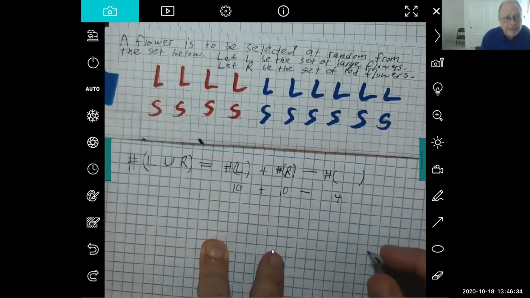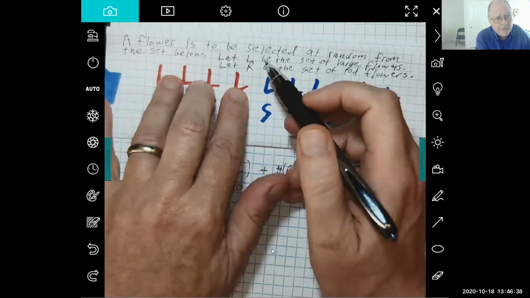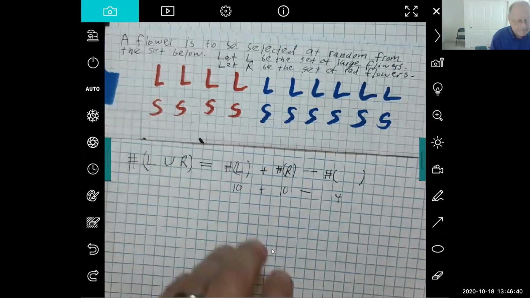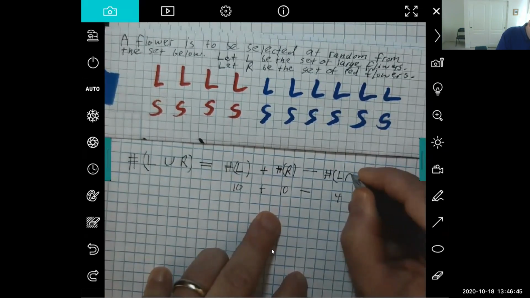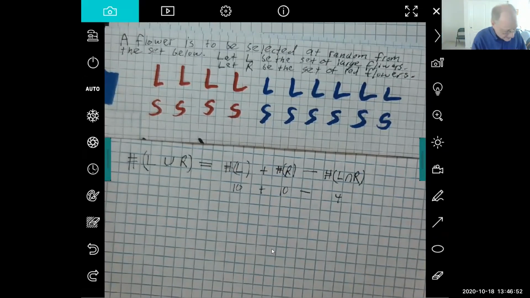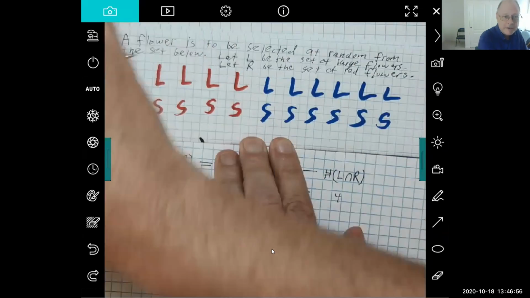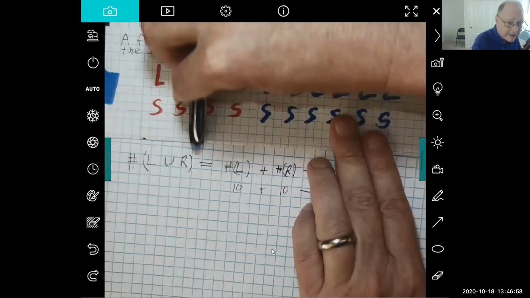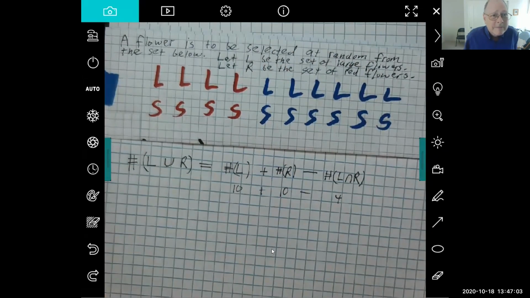So what's the symbol for that event? The event consisting of these 4 outcomes. That's the intersection of L with R. It's like 2 streets crossing. Here's the large street, and here's the red street. And their intersection is the shared part, just like the intersection of two roads.